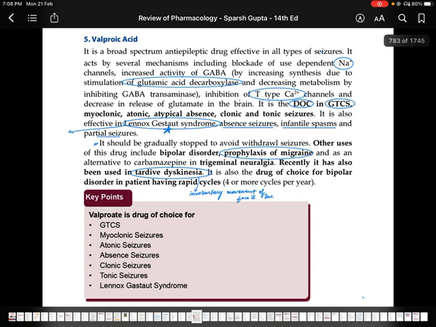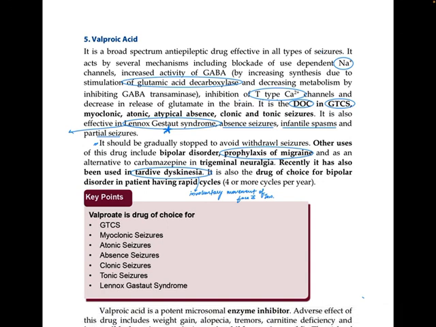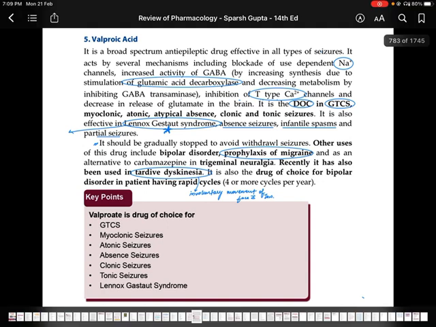Other uses of this drug include bipolar disorder. So it can also be used in bipolar disorders, prophylaxis of migraine, and as an alternative to carbamazepine in trigeminal neuralgia also. Recently, it has been used in tardive dyskinesia, which is involuntary movement of the face and jaw.